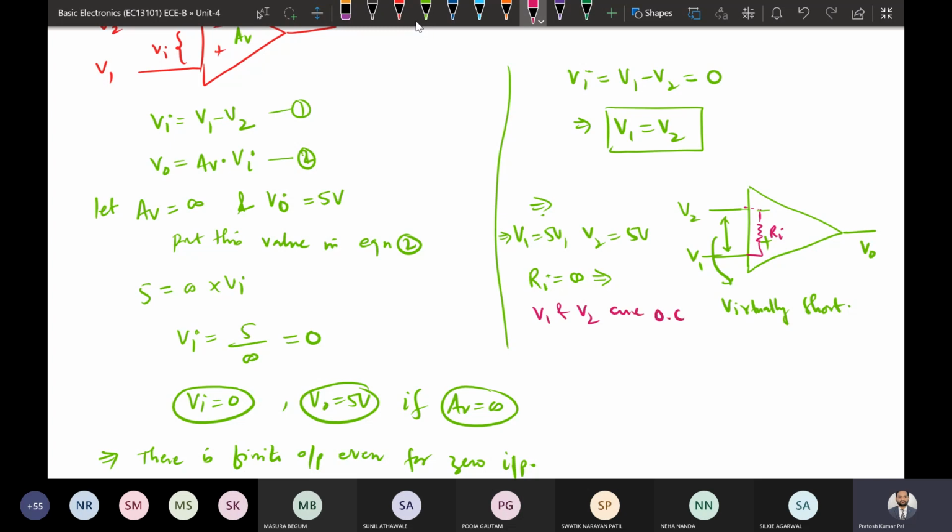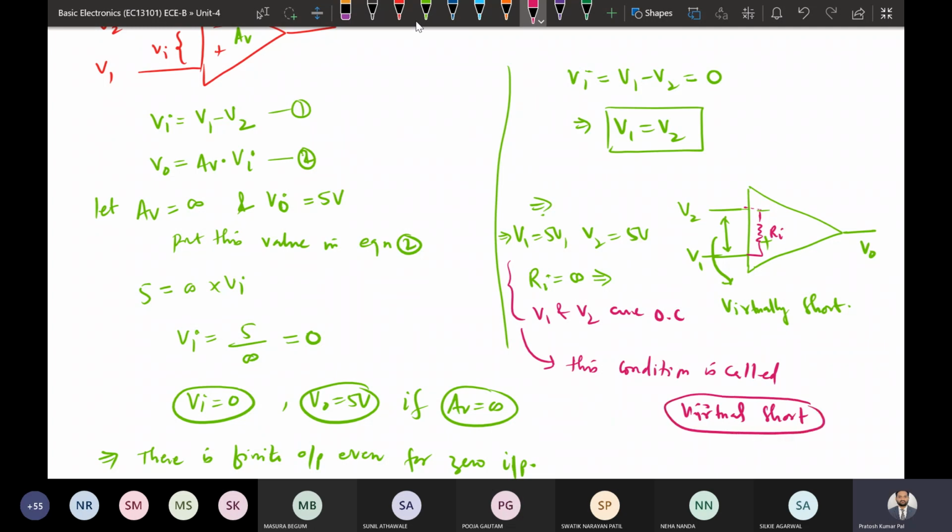So if V1 and V2 are open circuited and both are equal, this condition is called virtual short.